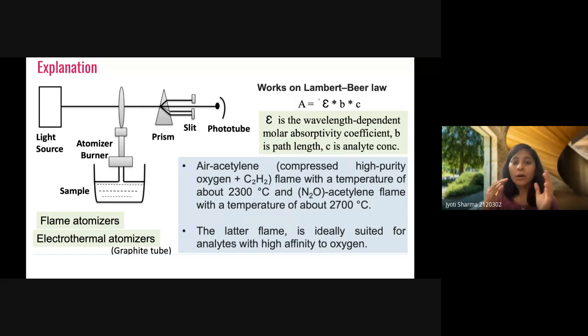Based on that absorbance, you can tell the concentration of a particular sample. But you have to use a particular wavelength. And for that burner you have to have different kinds of flame for different kinds of samples. So if your sample has affinity with oxygen, then you have to use acetylene flame.